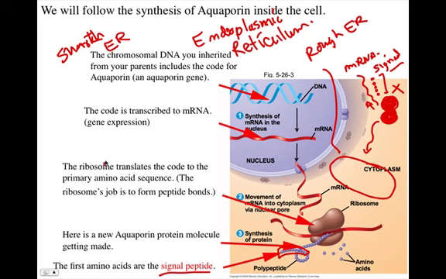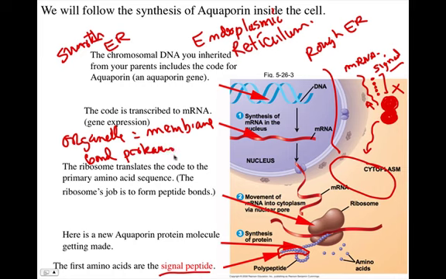An organelle is a membrane-bound region within a eukaryotic cell. So eukaryotes have organelles, and prokaryotes generally do not have organelles. There are a couple exceptions to that, but generally prokaryotes do not.